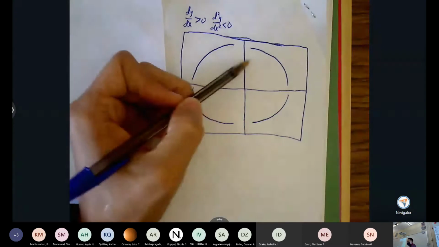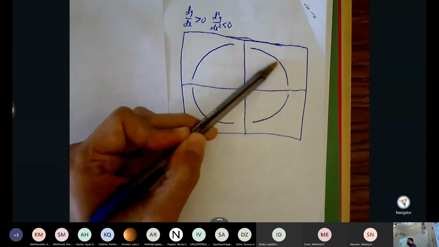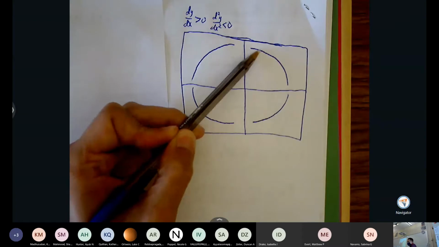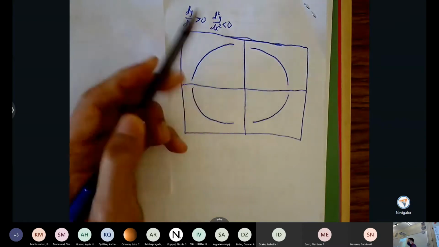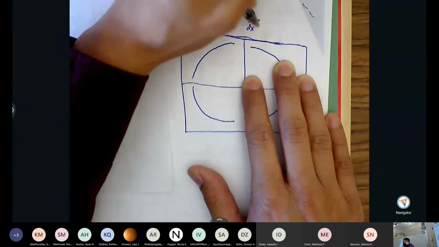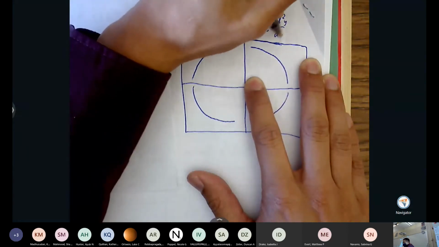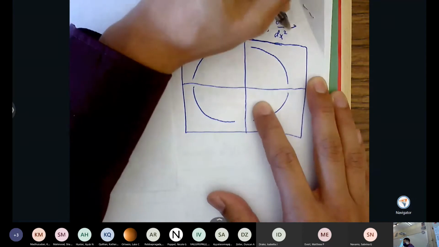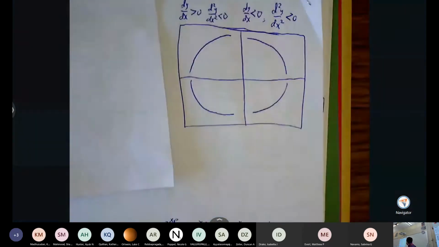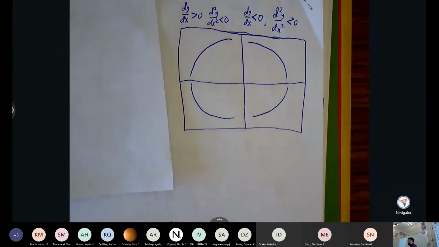Okay. What about this one here? Slope? Negative. Concave? Down. So both negative, right? So I can say dy dx is less than 0. d2y over dx2, that's just notation for second derivative, is also negative. Negative slope, concave down. That's what that curvature looks like.